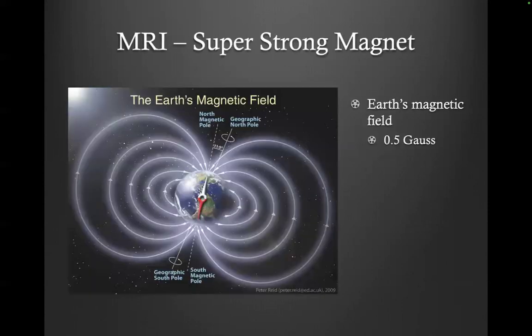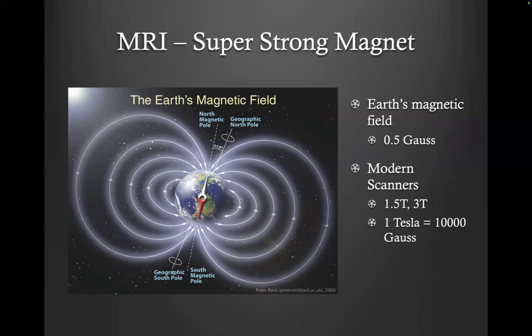So Earth itself is a little magnet, but it's a very, very tiny, very weak magnet. It is 0.5 Gauss. And then the modern scanners are 1.5 Tesla and 3 Tesla. Just know that 1 Tesla equals 10,000 Gauss.